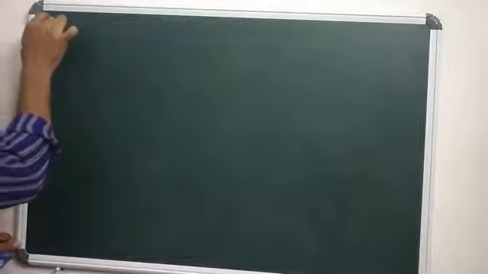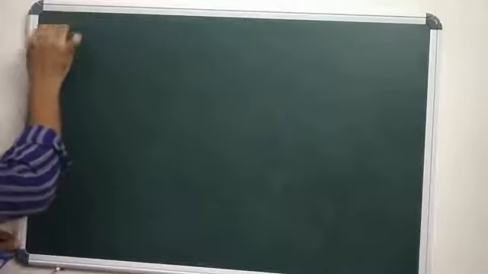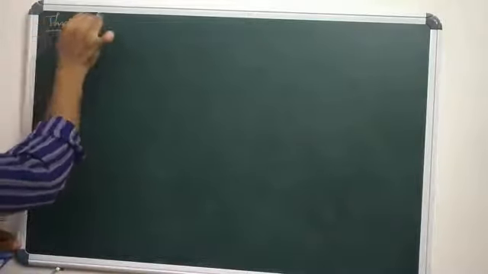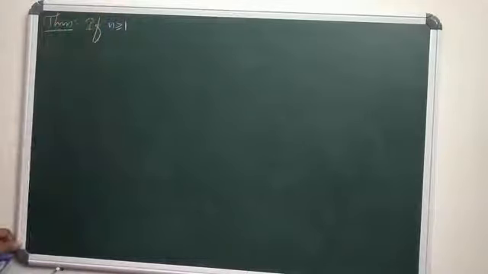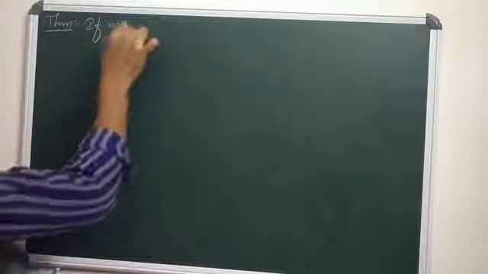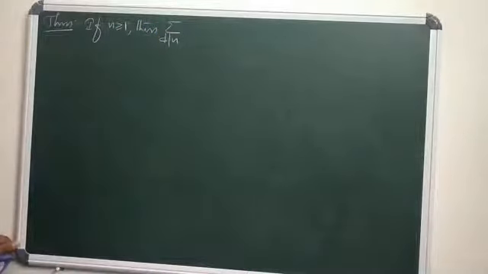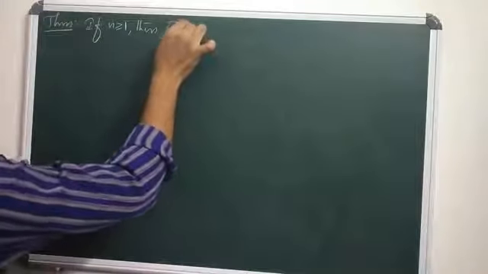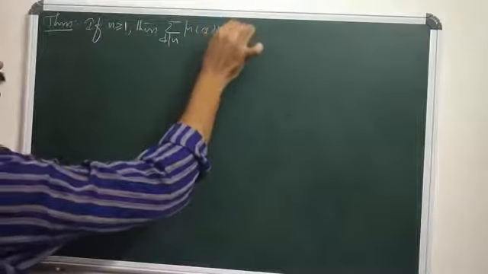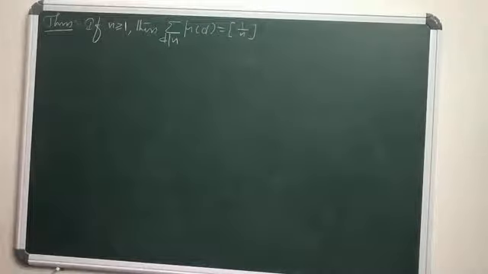Now there is an important result regarding the Mobius function. There is a theorem: if n is greater than or equal to 1, then the sum over d dividing n, where d is a divisor of n, of mu of d equals the greatest integer of 1 by n.